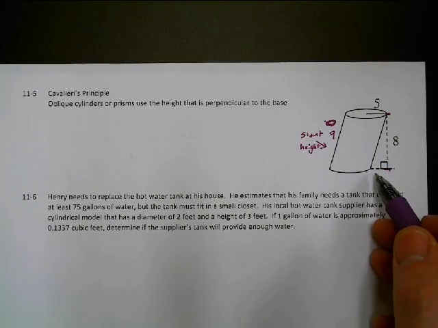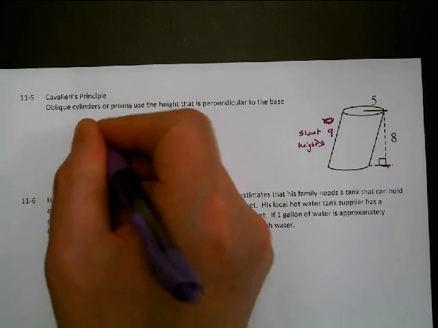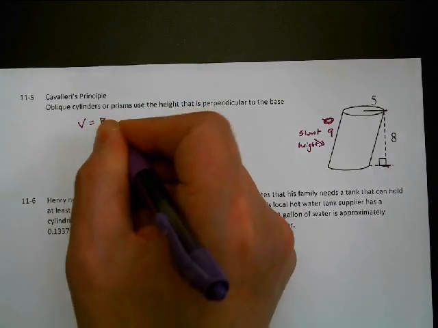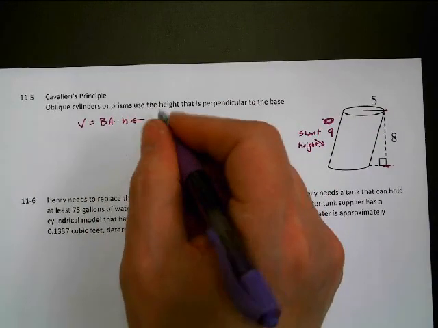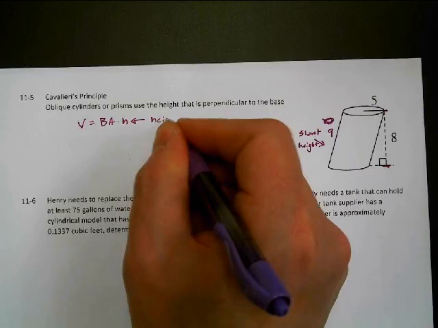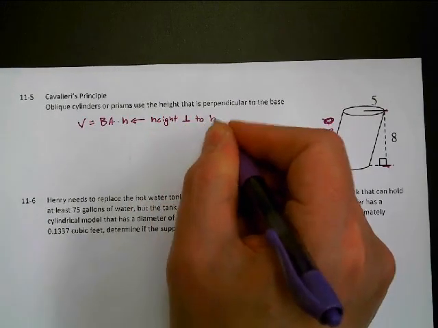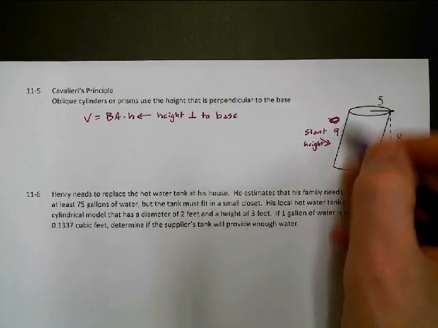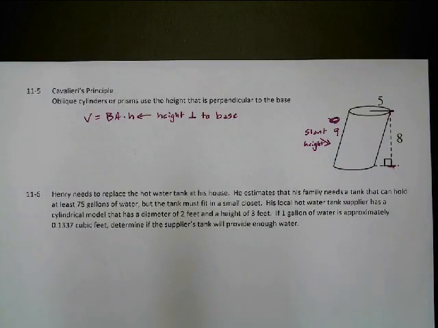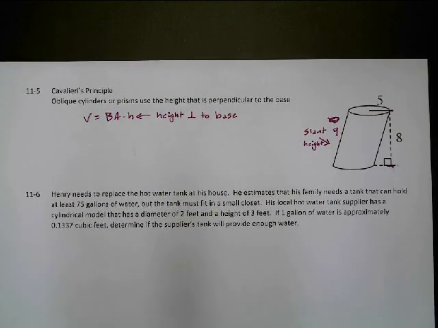So it's still going to be volume equals base area times the height, but we have to remember this is the height that is perpendicular to the base. So we can't use this slanted height in our volume calculations. And this ends up being the exact same formula, even though it's slanted, as the previous problem, because it has a height of 8 and a radius of 5.